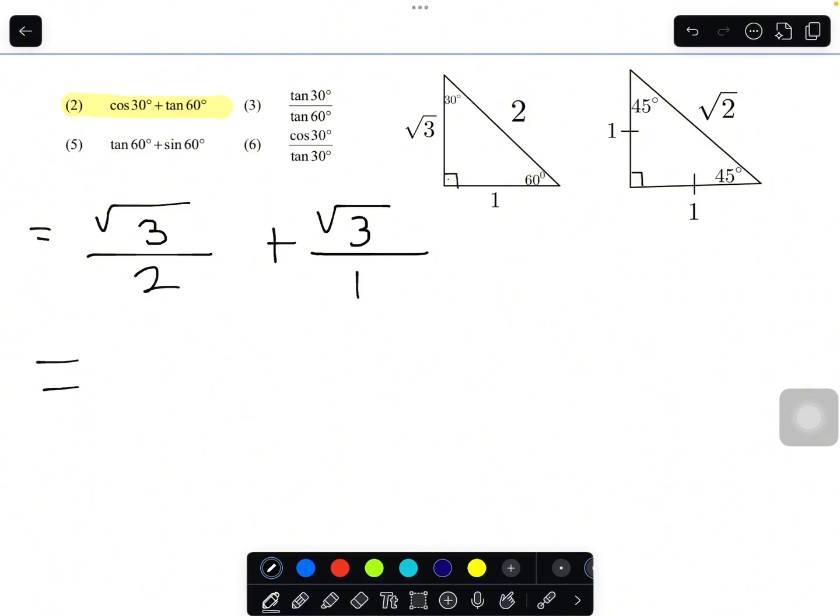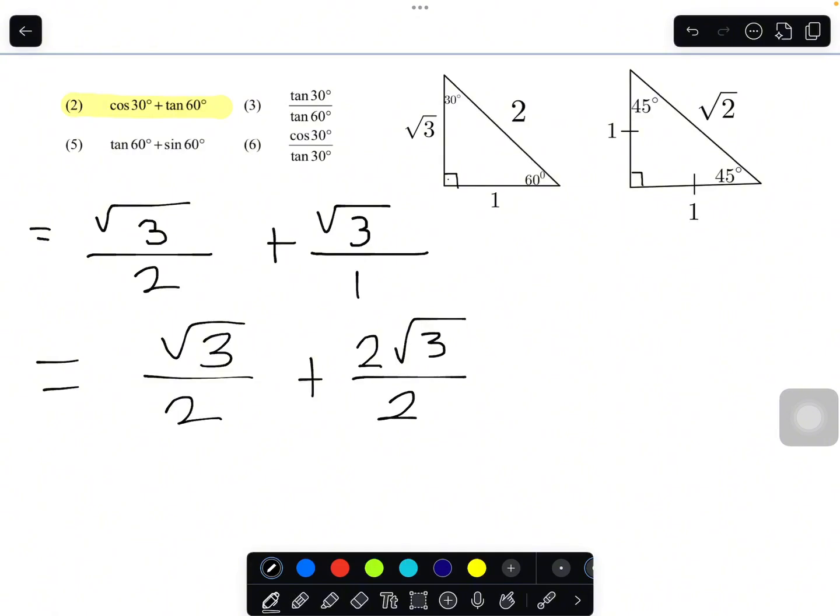Now that can become root 3 over 2 plus 2 root 3 over 2. Essentially what I did there was I multiplied this by 2 over 2, so I have an LCD.